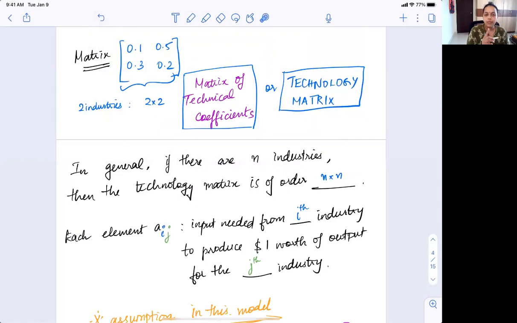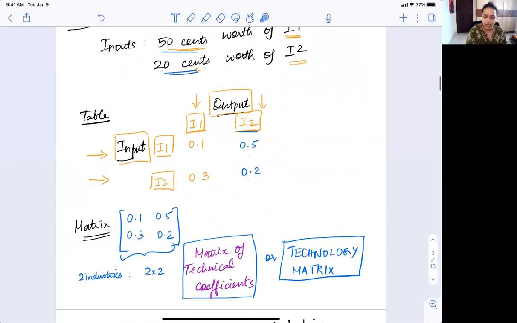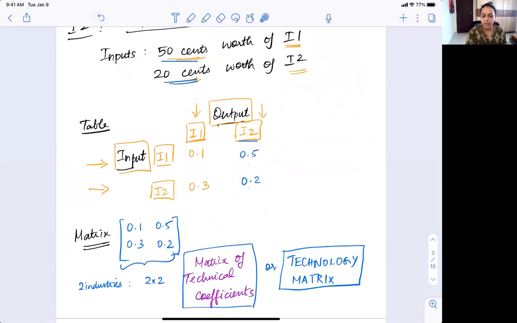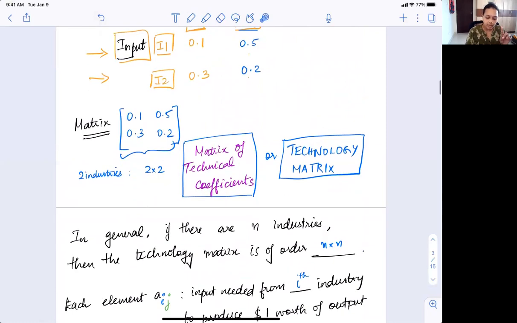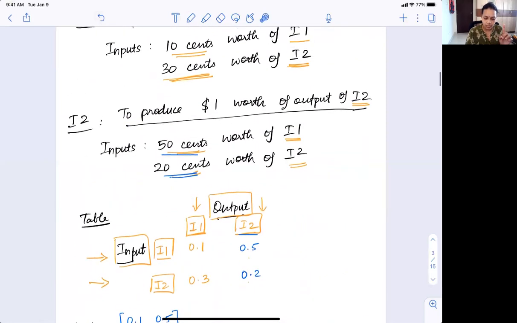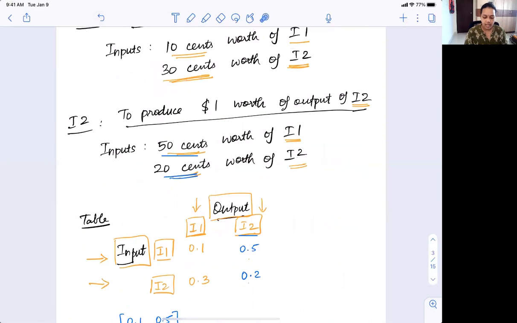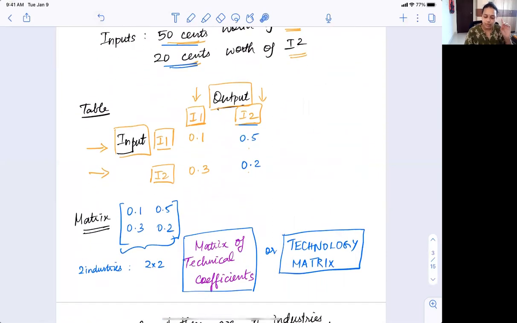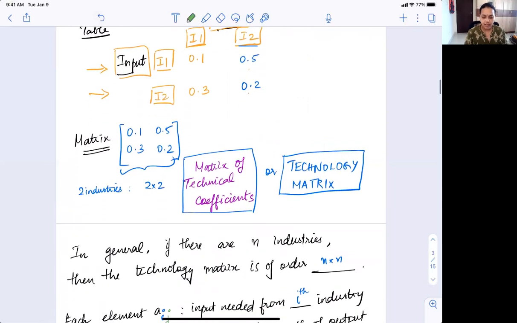A12 is the input needed from the first industry to produce $1 worth of output for the second industry, which is what we had given in the description. Similarly, A21 is the input from the second industry to produce $1 worth of output from the first industry, which is given by 30 cents here. And A22 is the input from the second industry to produce $1 worth of output for the second industry, which is 20 cents. So that's how you construct the technology matrix.